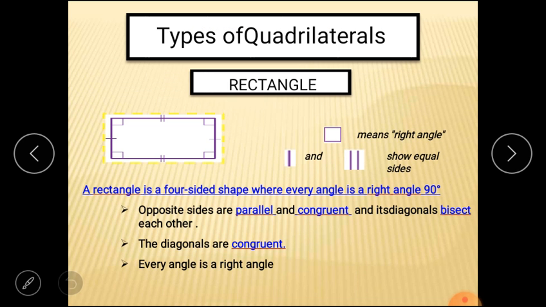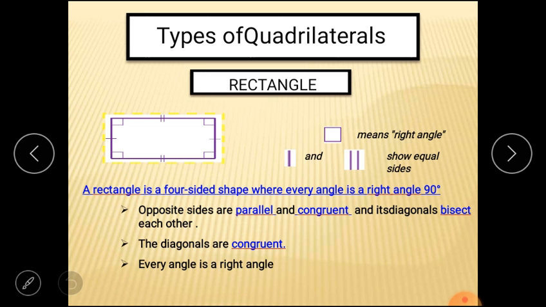And its diagonals bisect each other. How many diagonals are there? 2 diagonals. Both bisect each other. The diagonals are congruent. Every angle is a right angle, meaning 90 degrees.